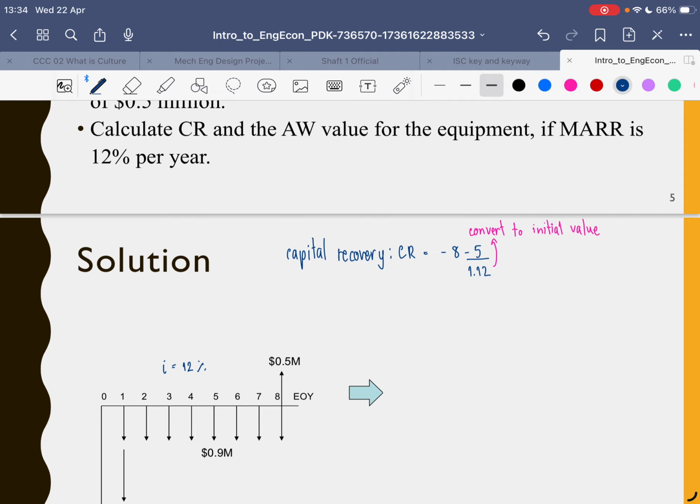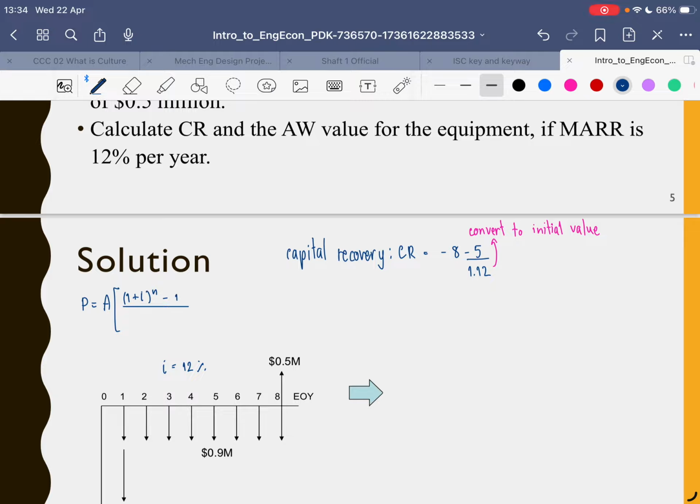I know that I just got this: P is equal to A multiplied with (1 plus i to the power of n minus 1) over i(1 plus i)^n, right?